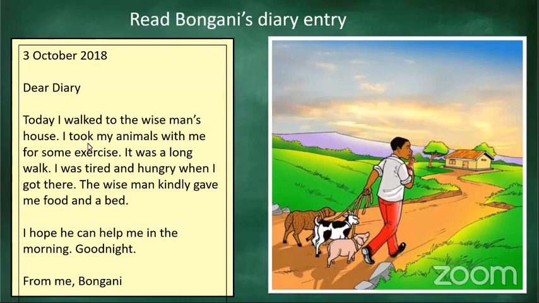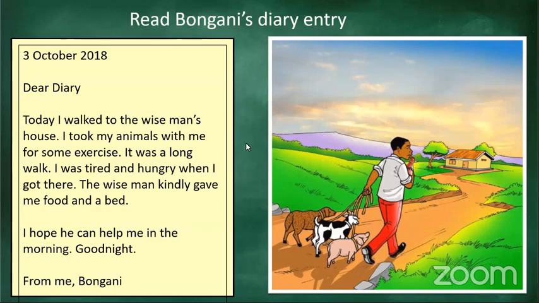Dear diary, today I walked to the wise man's house. I took my animals with me for some exercise. It was a long walk. I was tired and hungry when I got there. The wise man kindly gave me food and a bed. I hope you can help me in the morning. Good night. From me, Bongani.